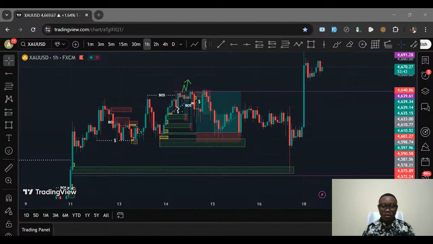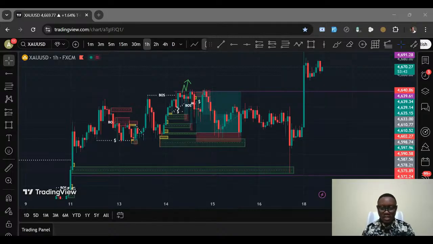So the goal of this session is to sharpen and shape your understanding of the smart money concept, including order blocks, market structure, liquidity zones, and price action. You know how you can properly read market structure, identify key order block zones and liquidity areas, and most importantly, how you can apply them effectively in real market conditions, right?